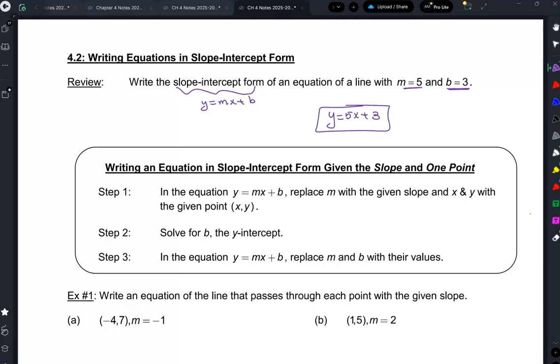Okay, so now, what if you're given the slope, but you're not given the b? You're given some other point.